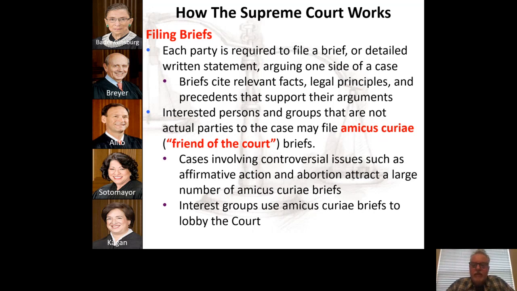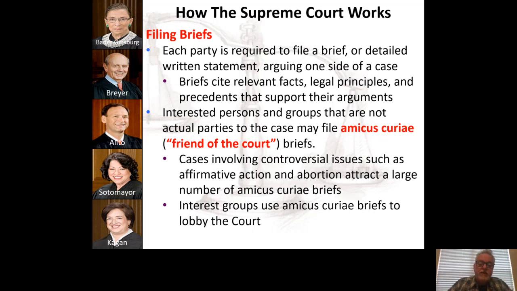Now, these two parties are not the only two parties who are involved in writing briefs at the Supreme Court. The Supreme Court will take, in any case, briefs from people outside the two parties. And we call those amicus curiae briefs, or more commonly, friend of the court briefs. And so if a case involves abortion, you might have Planned Parenthood write a brief.